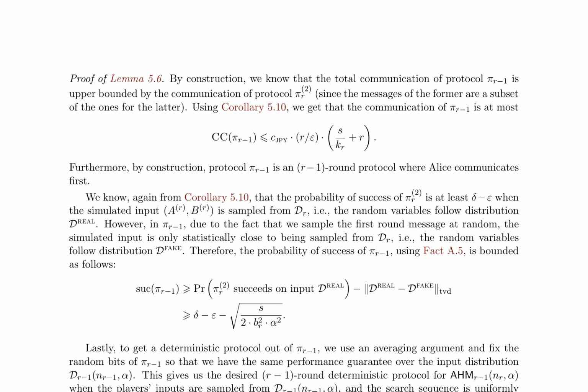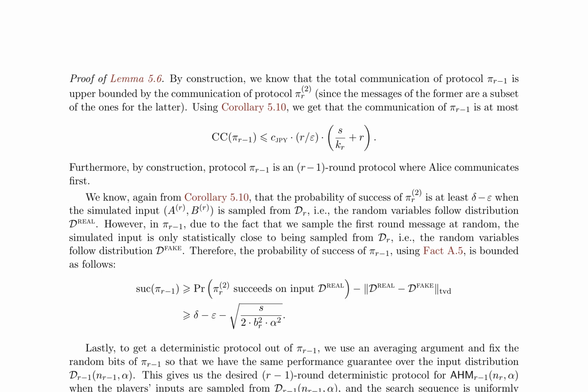communication is at most C(R, epsilon, S) K R plus R, where C is a constant. Furthermore, the probability of success of Π_{r-1} is bounded as suc(Π_{r-1}) ≥ delta minus epsilon minus 2 R S B2R alpha 2.